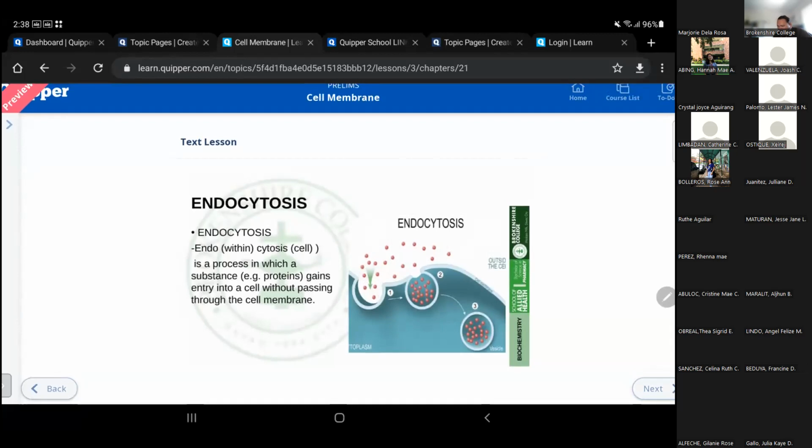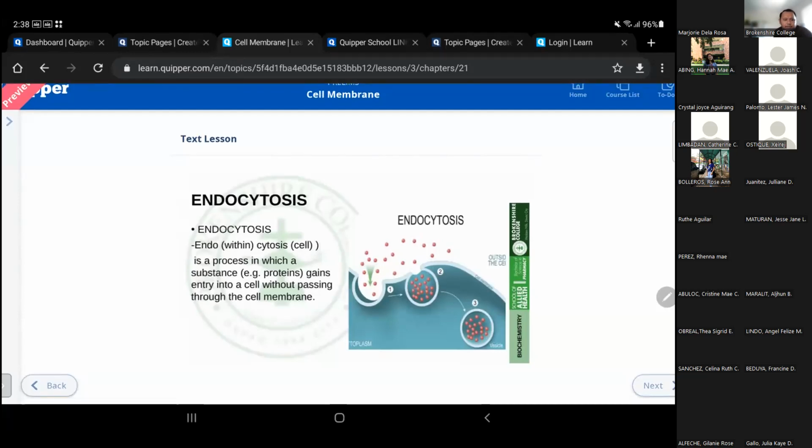Pag pumasok yung molecules doon sa loob, nag-i-invaginate siya until such time na mag-reach yung dalawang portion dito ng both ends ng cell membrane, and it will be pinched off. And once it is pinched off, then it forms into a vesicle.